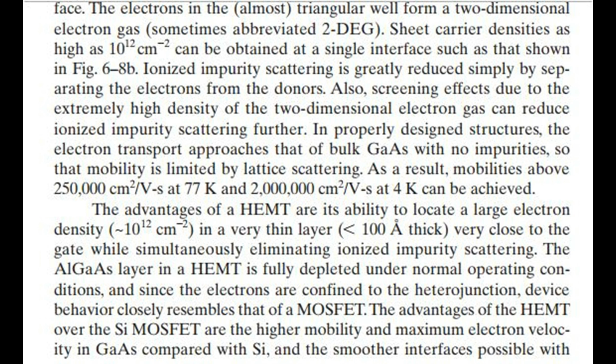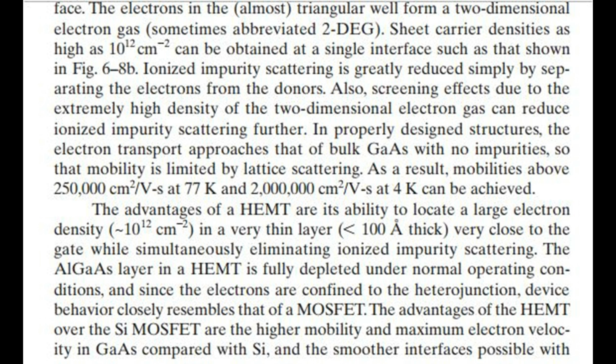Sheet carrier densities as high as 10^12 cm^-2 can be obtained at a single interface such as that shown in Fig 6.8b. Ionized impurity scattering is greatly reduced simply by separating the electrons from the donors. Also, screening effects due to the extremely high density of the two-dimensional electron gas can reduce ionized impurity scattering further.